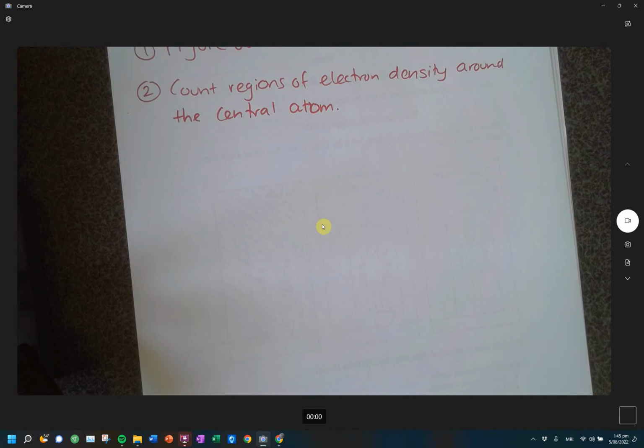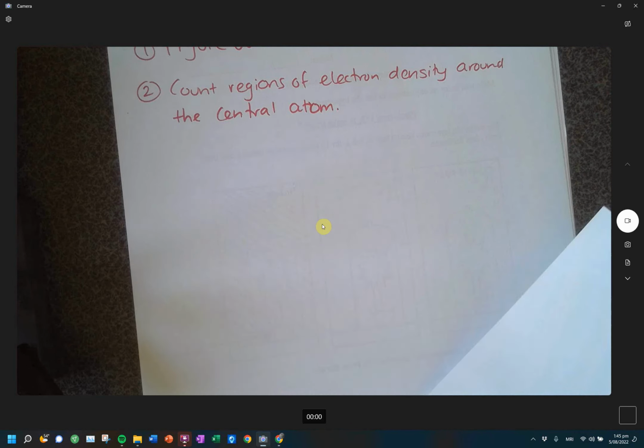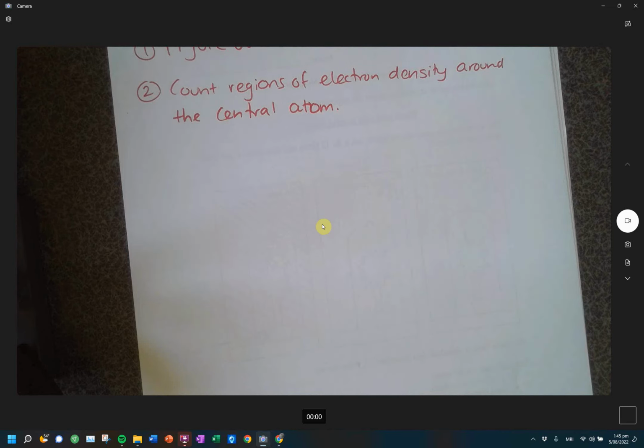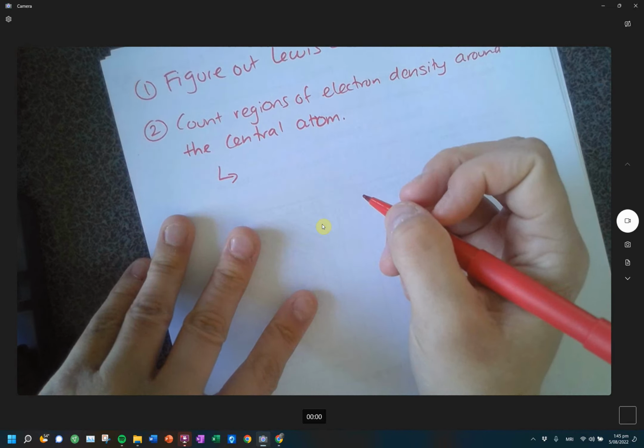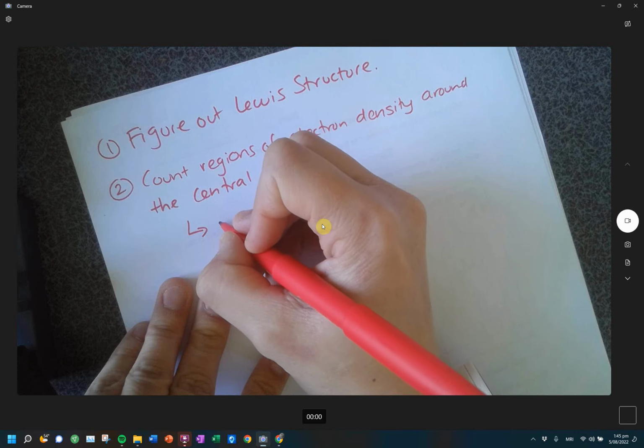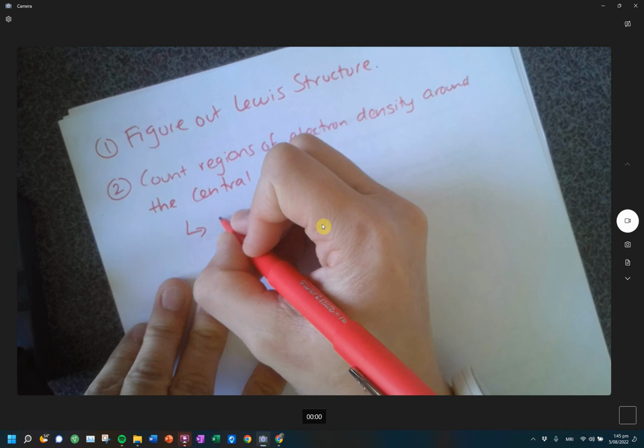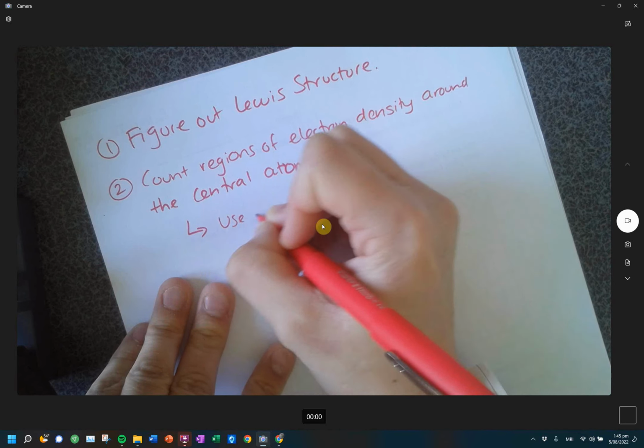That is really important when we're starting to figure out shapes and what they are potentially going to be, because those number of regions, when we apply VSEPR, you guys remember VSEPR? We can use that to determine bond angle. So this is used to justify bond angle.